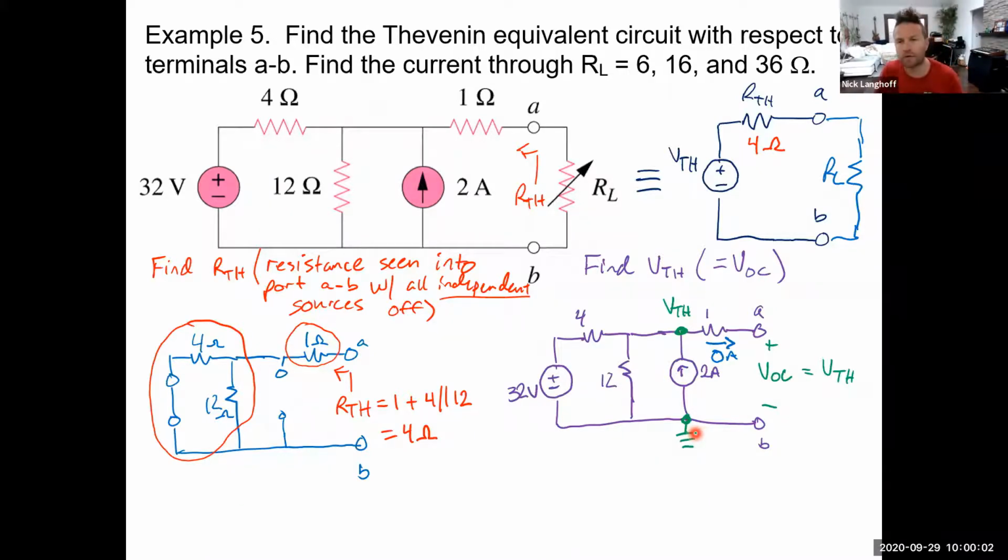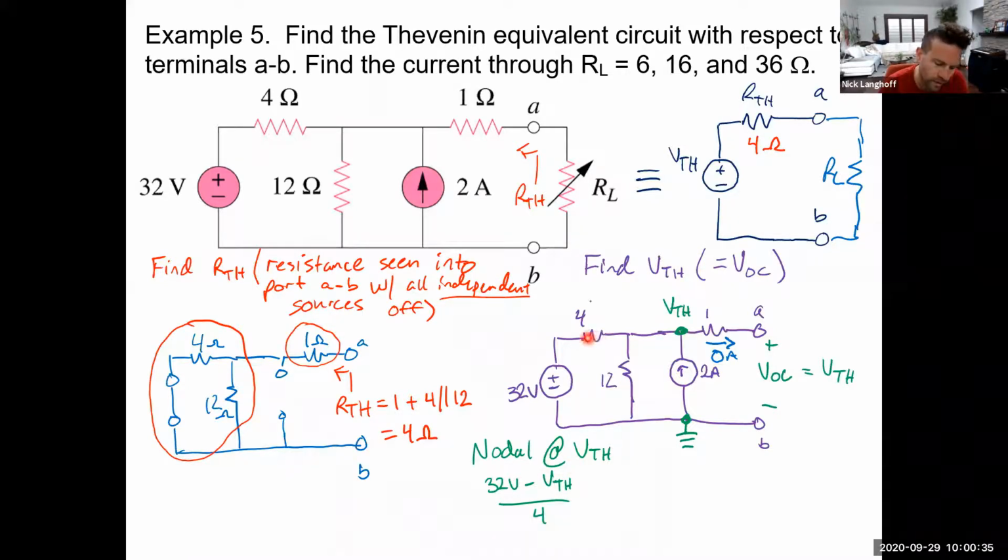Now there are a couple of ways you could go here to find V Thevenin. It might be fun for us to try it with superposition now that we've done that. My notes actually do this with a nodal analysis approach, so I'm going to do that for right now, and maybe in a minute we can take a look at doing superposition. So let's do nodal analysis at V Thevenin at that node. We've got 32 volts minus V Thevenin over 4.